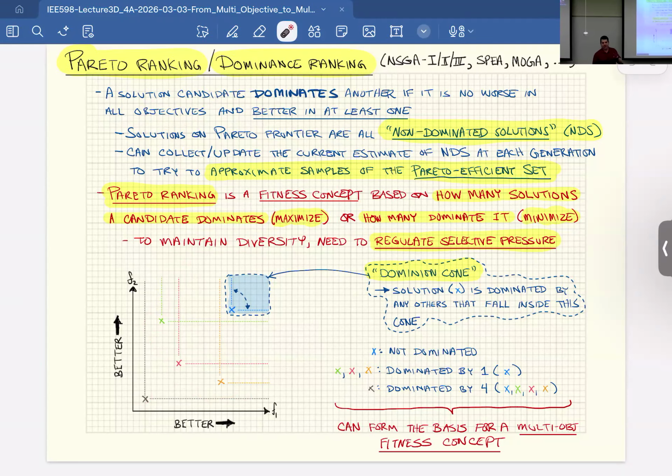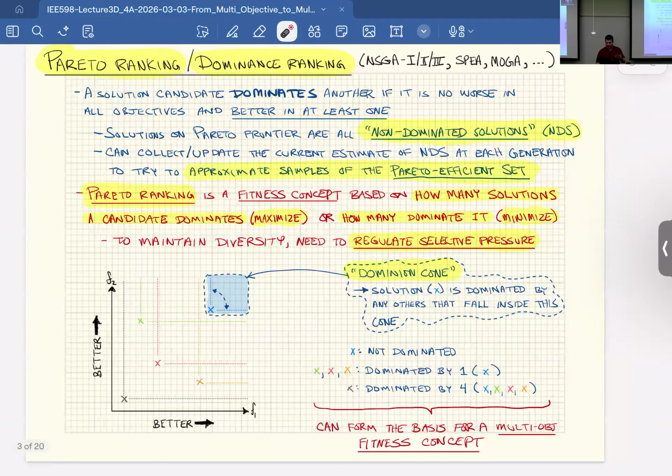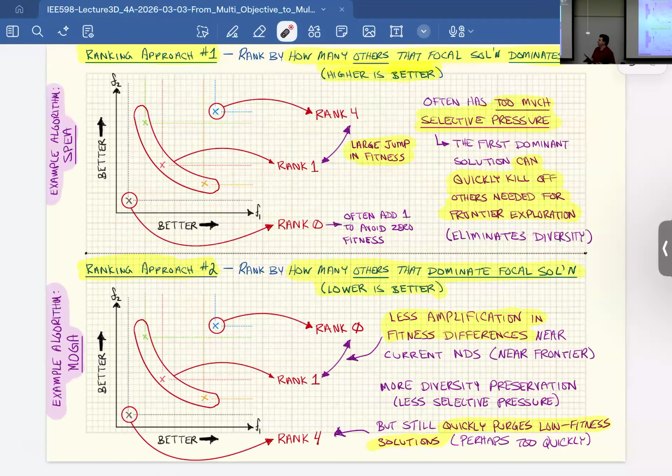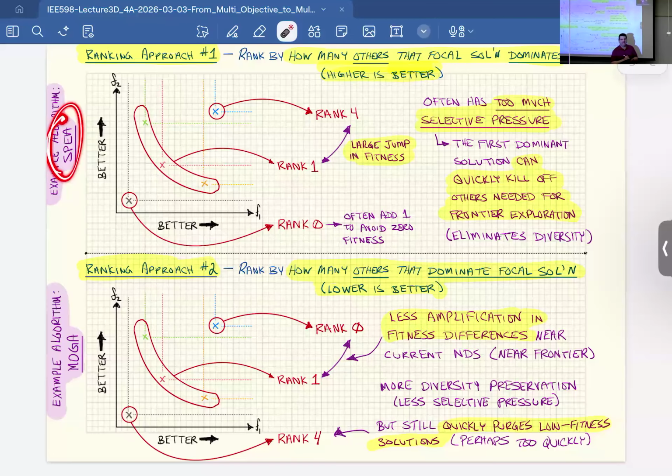So we talked about 3 different ways you could do that, which different algorithms have tried. So this SPEA is a multi-objective evolutionary algorithm. I don't care if you remember SPEA, but its approach to dominance ranking was to rank by the number of solutions found in the current generation that you dominate.